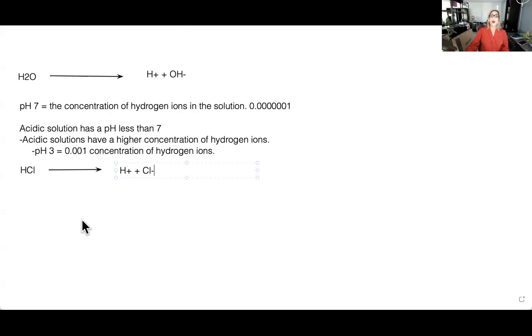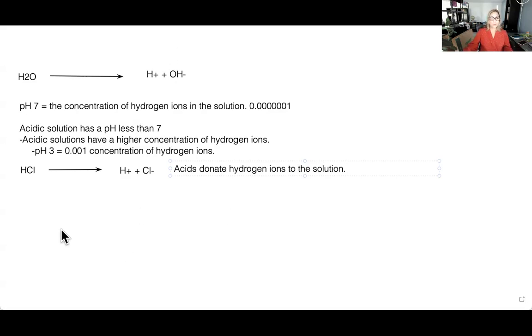So hydrochloric acid is donating hydrogen ions to the solution. That's what acids do. I'm going to write down that definition for you. Acids donate hydrogen ions to the solution. That's how they make it more acidic.